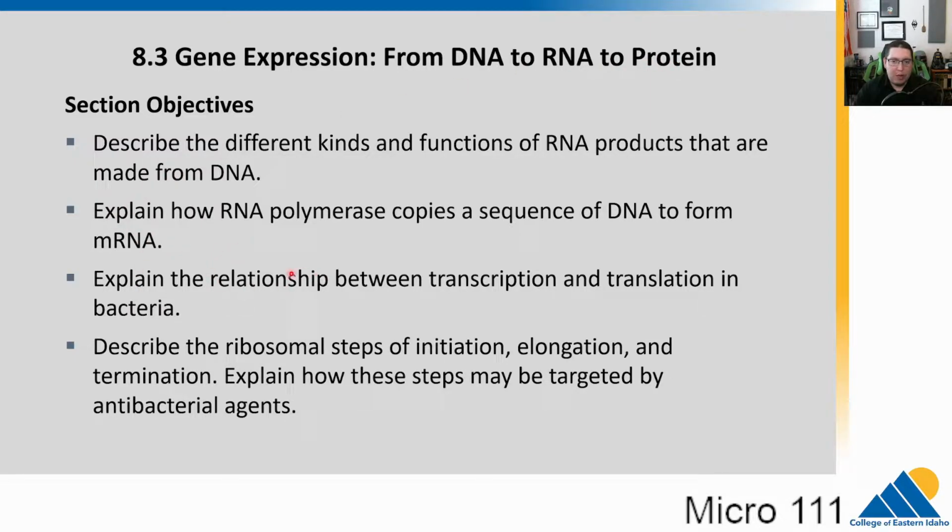We will talk about transcription and how it relates to translation, particularly in bacteria. There are some differences between eukaryotic transcription and translation and bacterial. Then we'll talk about the ribosome and the steps of translation that the ribosome goes through. And obviously, again, these critical things are targets of antibacterial agents.